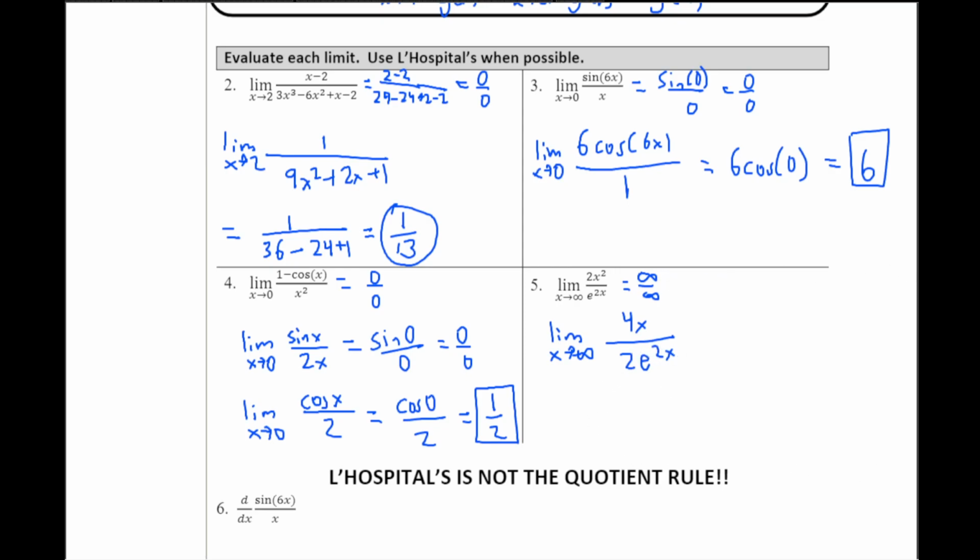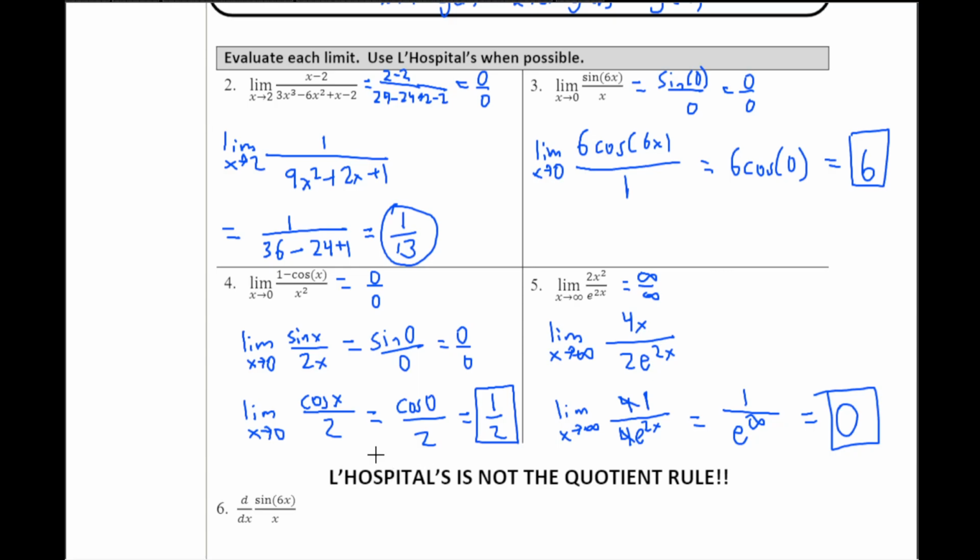Now you see we can use L'Hopital's rule again, because same thing, if you tried plugging in infinity for x, you get infinity over infinity. So the limit as x approaches infinity of the derivative of 4x, which is 4, over the derivative of 2e to the 2x, which is 4e to the 2x. And now the 4's cancel out, and you're left with the 1 on top. And then as x goes to infinity, the top remains 1, and the bottom is like e to infinity, a very large number. 1 over a very, very large number is the same as 0.